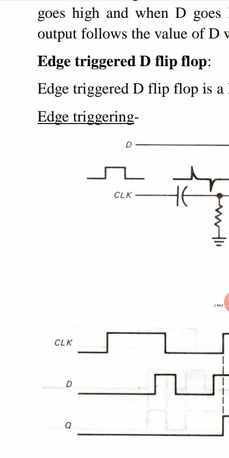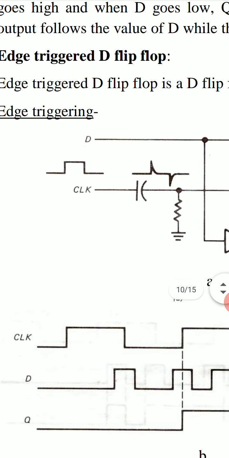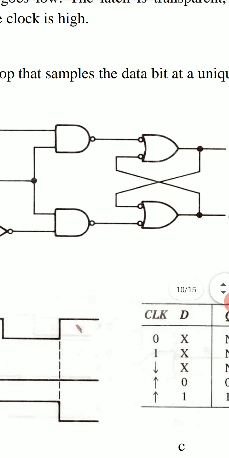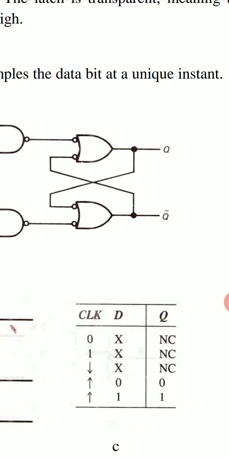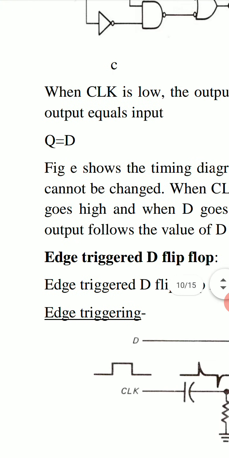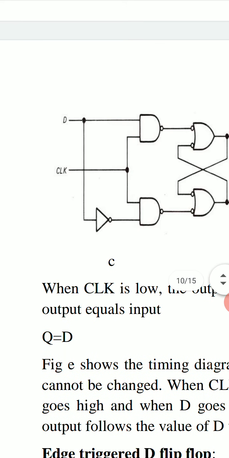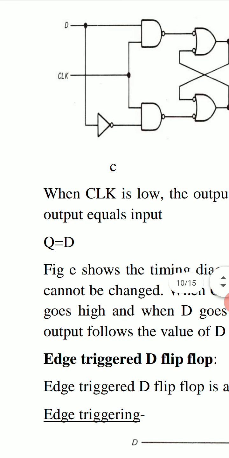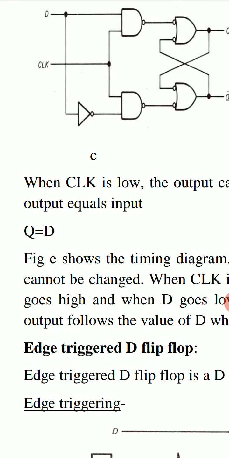Now we see edge triggered D flip-flop. Edge triggered D flip-flop is a D flip-flop that samples the data bit at a unique instant. We see that clocked D latch, in clocked D latch, output Q will be equal to data bit D when clock signal is high.